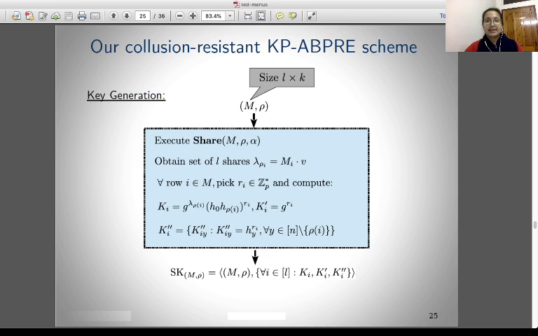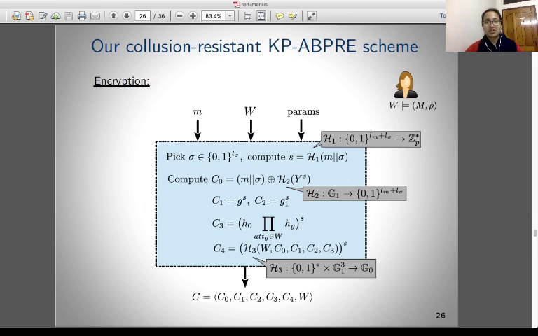It obtains L shares of the secret, and for every row i of the matrix M, it picks a random element Ri from Zp star and computes the three key components Ki, Ki dash and Ki double dash as shown, and finally outputs the secret key. As you can see, rho i is essentially a mapping function which maps the rows of the matrix M to attributes.